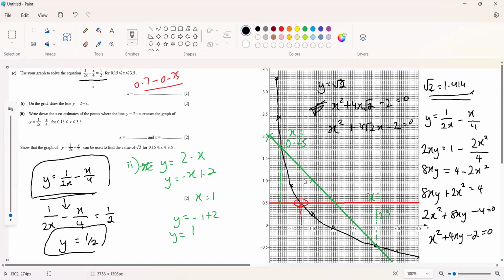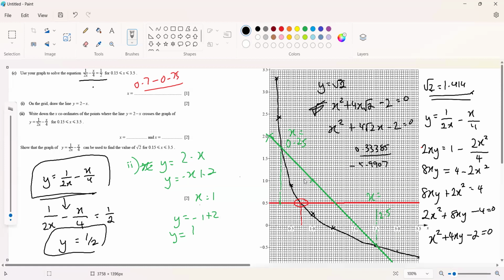Now, if we solve this quadratic, we will get two x values. The corresponding x values would be 0.3385, and the next one is negative 5.9907.